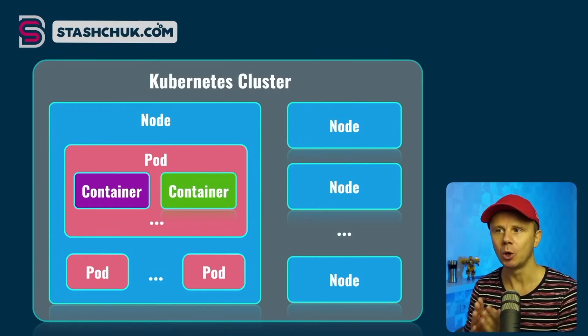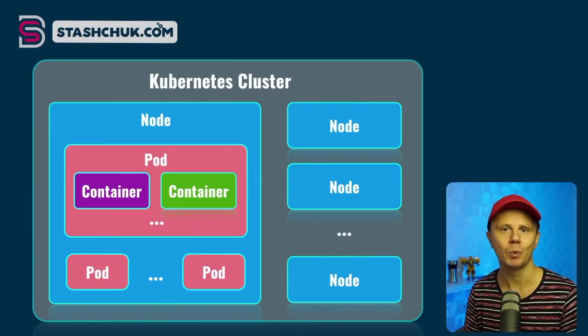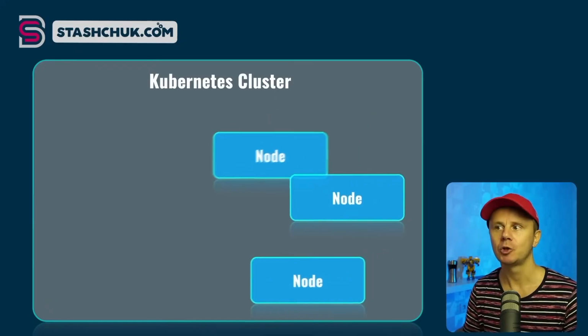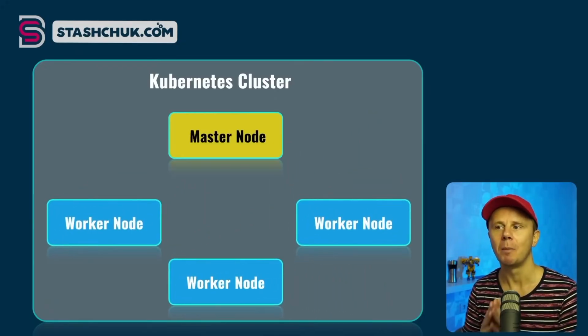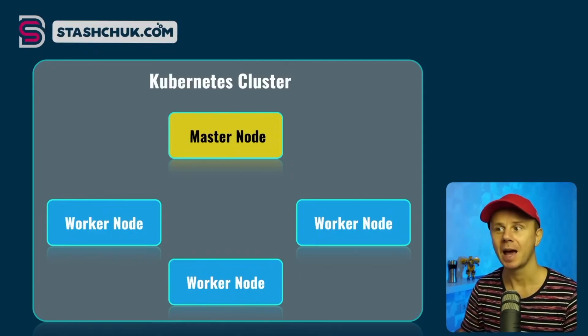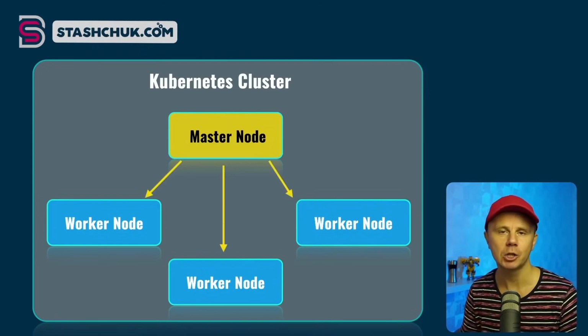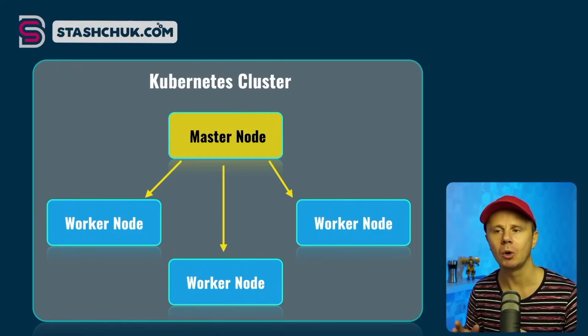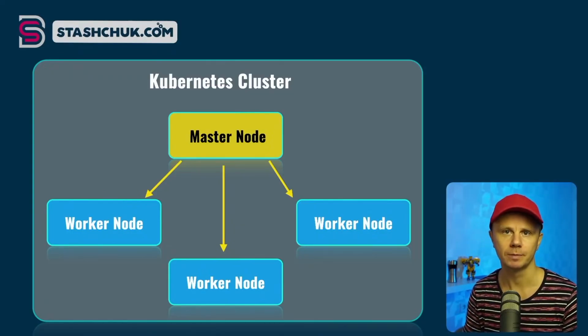But how do those nodes actually communicate with each other and how are they managed? In a Kubernetes cluster, there is a master node. And other nodes in the cluster are called worker nodes. And the master node actually manages worker nodes. And it's the master node's job to distribute, for example, load across other worker nodes.